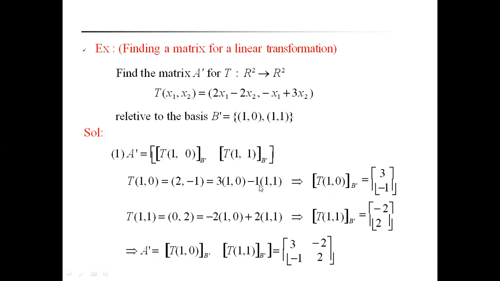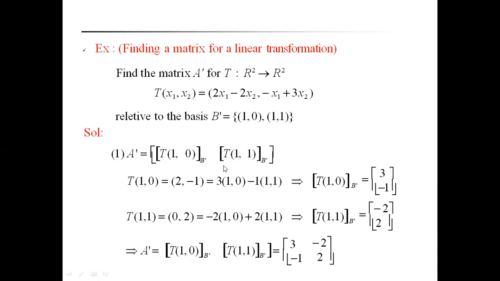You can simplify this and get the same vector (2, minus 1). Here it implies the coordinate matrix of T of (1, 0) relative to the basis B dash is the coefficients of this linear combination, 3 and minus 1, which can be represented as the column matrix (3, minus 1).